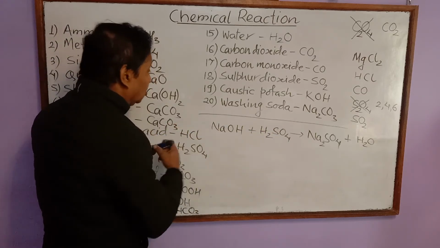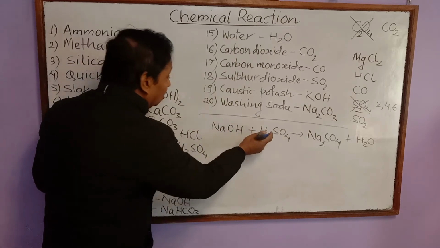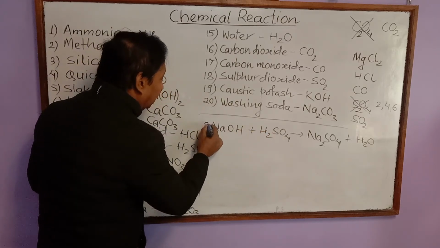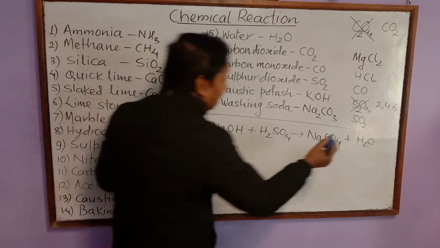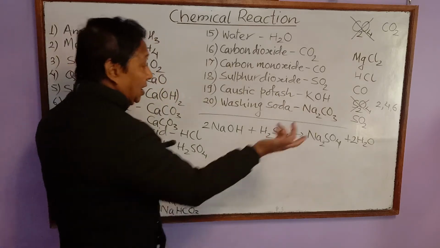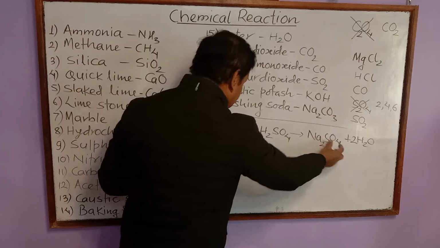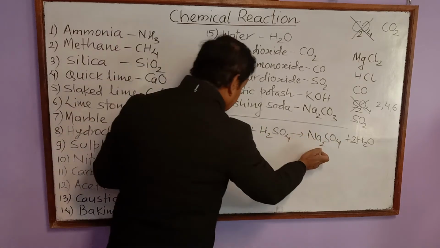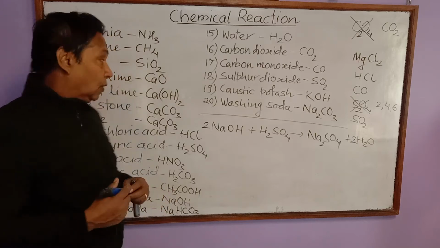I want to make this even, so I will balance this with 2, and here this is an odd number. If I take 2 here, then 2 plus 2 becomes 4, and if I take 2 here, then hydrogen is balanced. Now what about oxygen? Oxygen 2, okay. Sulfate 1, okay. Sodium 2, okay. This way we can write the chemical equation.